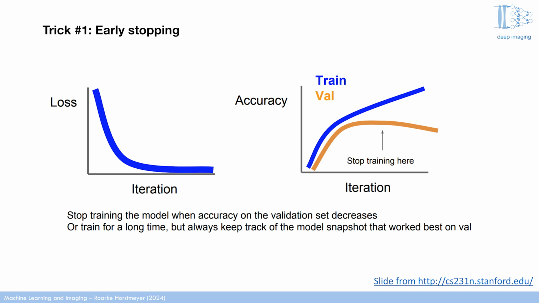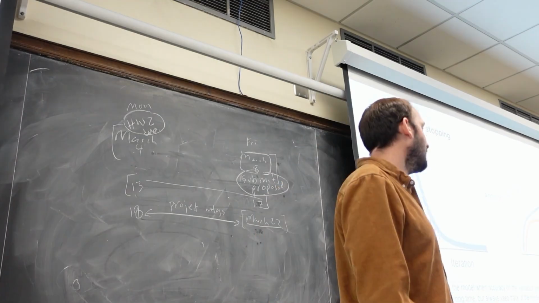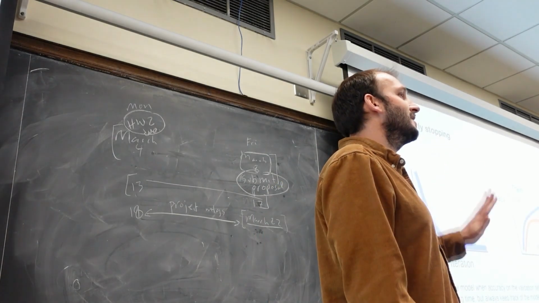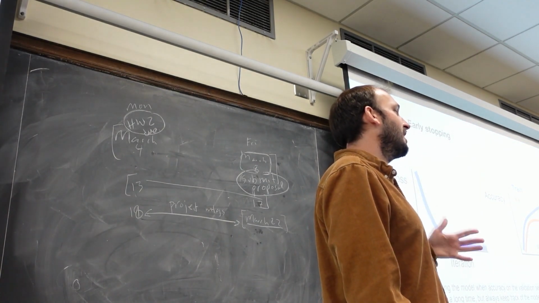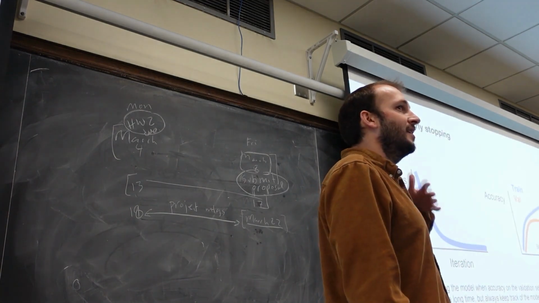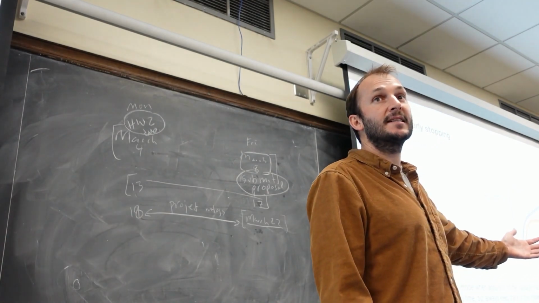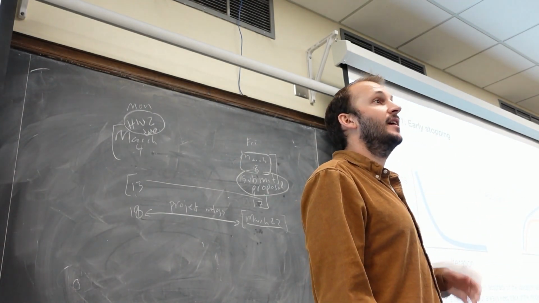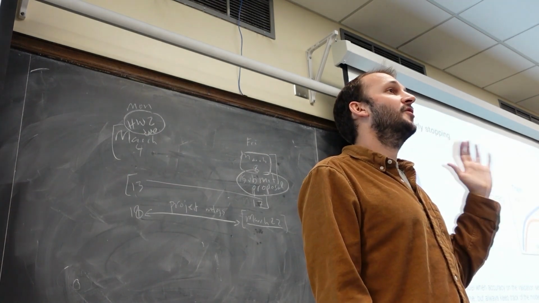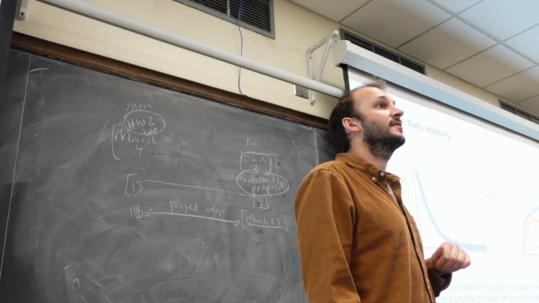Because if I do that, then hopefully my test performance will be as high as possible. All right, and so that's really the best you could ever hope for: you go ahead and train, validation going up, you let it go up until it starts to go back down, and then you freeze your iterations at that peak and train the network again and throw your test data in and cross your fingers, right?